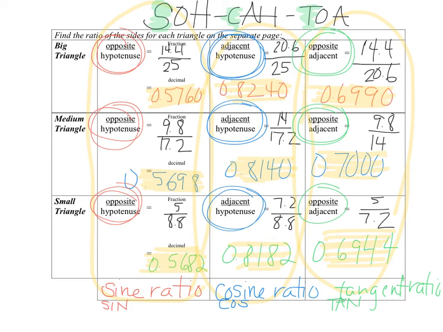I don't know if I mentioned this earlier or not, but before computers and calculators, there used to be this thing called a trig table. I encourage you to Google that and look up a trig table, and it's just a big list of decimals like we see here. It's got these decimal values for the sine ratio, the cosine ratio, and the tangent ratio for every whole number angle measure that could be in a triangle.